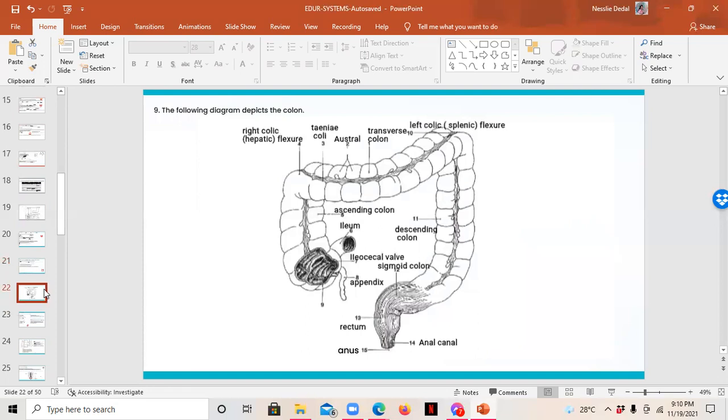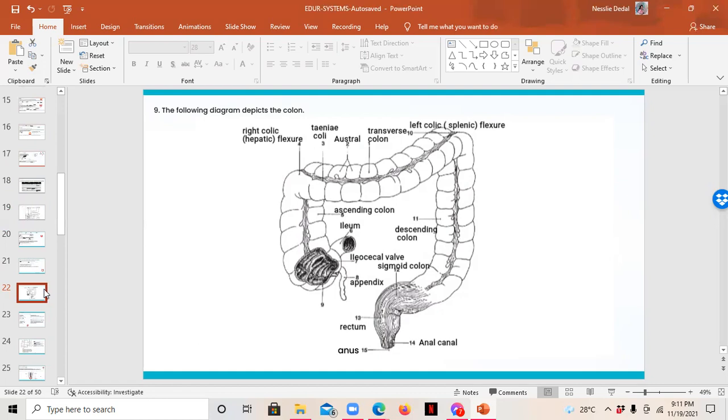The following diagram depicts the colon. So in the diagram, the number 1 is the transverse colon. Number 2 is the haustra. Number 3 is taeniae coli.